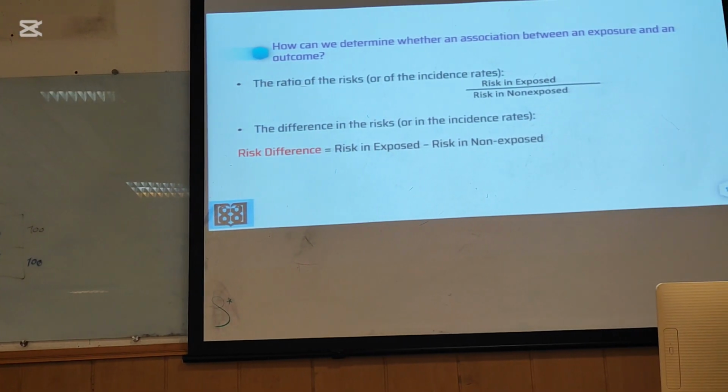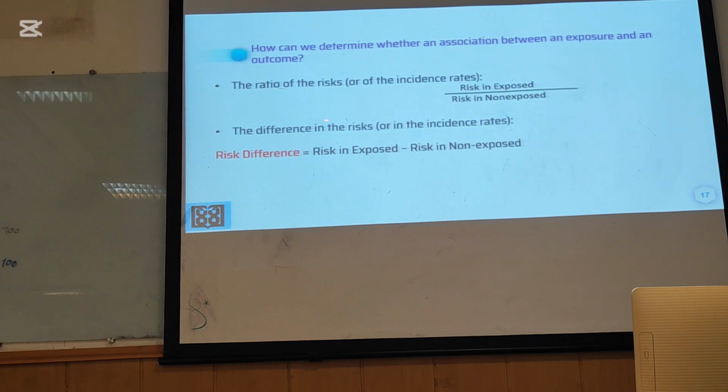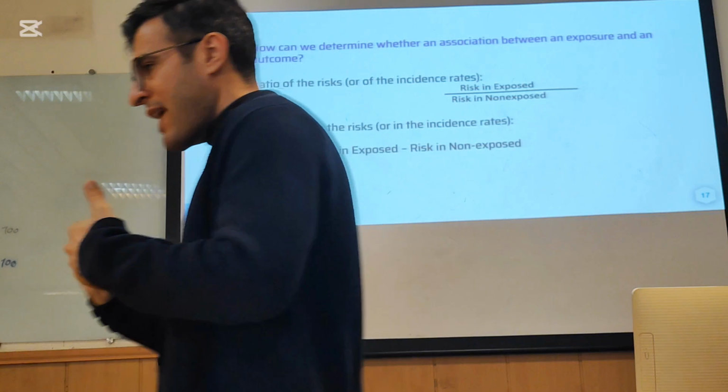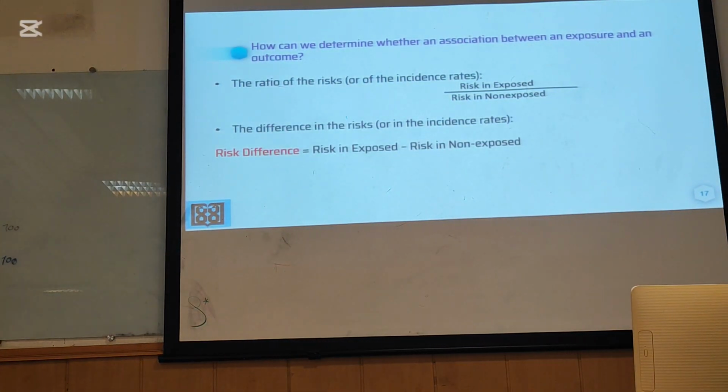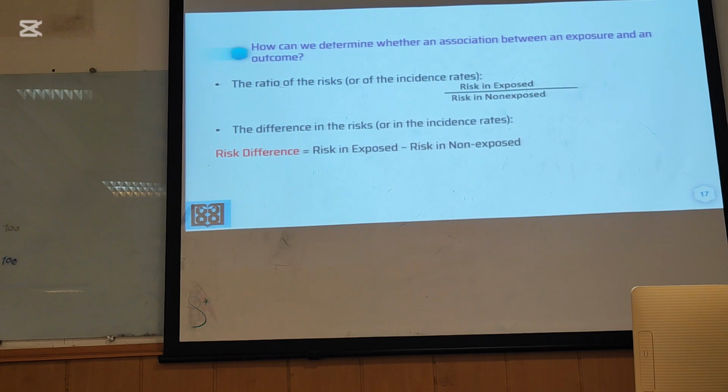Another is the difference approach. It means you can subtract the risk in non-exposed from the risk in exposed. So when we want to assess an association between factors, we have two approaches. One of them is the ratio approach, another is the difference approach.